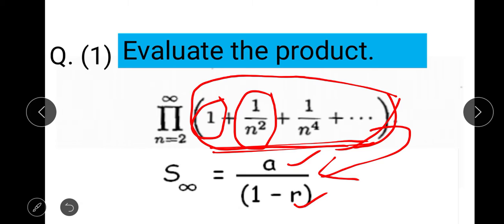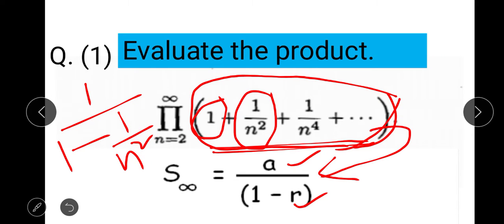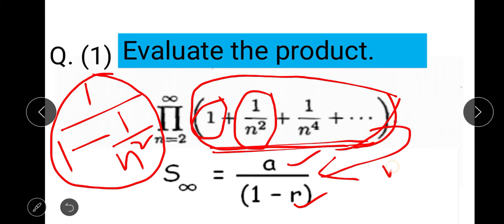So actually what we are getting is 1 upon 1 minus 1 upon n square. This will be the sum of this geometric series. So after simplification you will get n square upon n square minus 1.